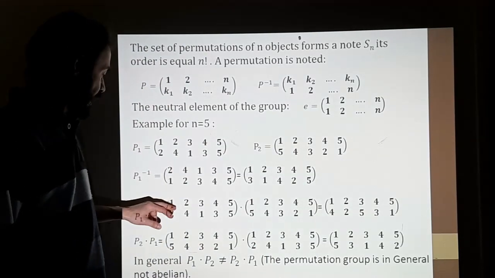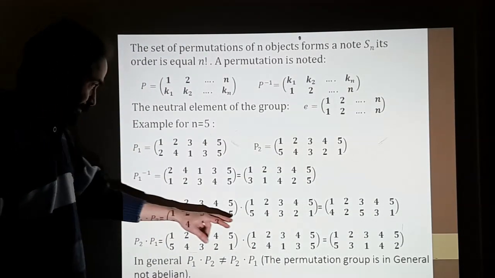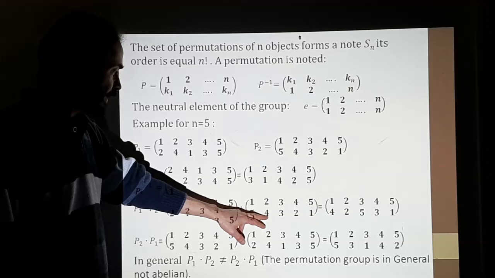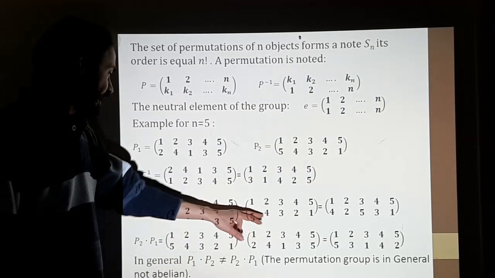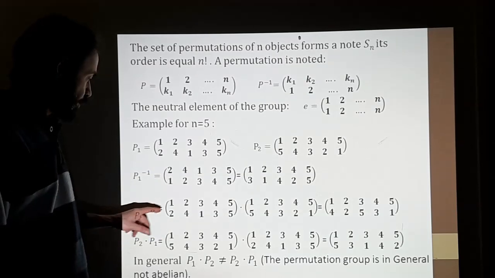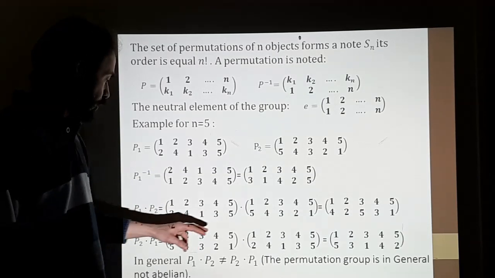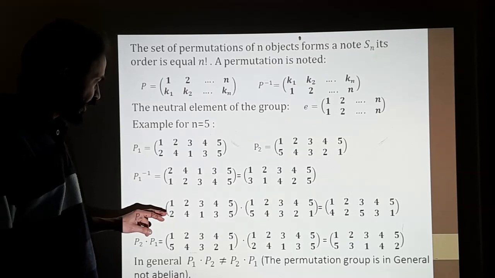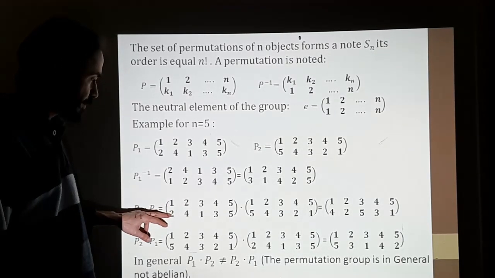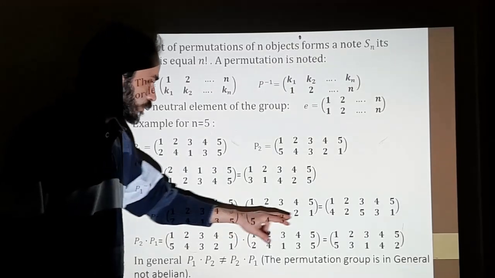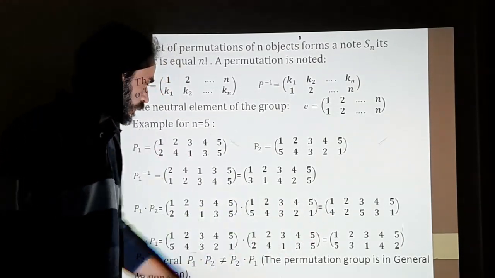And similarly, the object 4 here is in second position. Now when I make the permutation 1 act on it, the object that was in second position, I will put it in first position. So the 4 will be in first position.